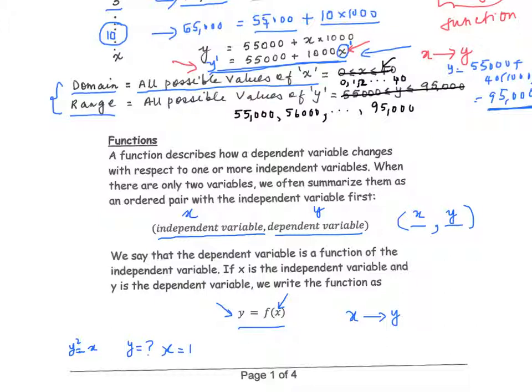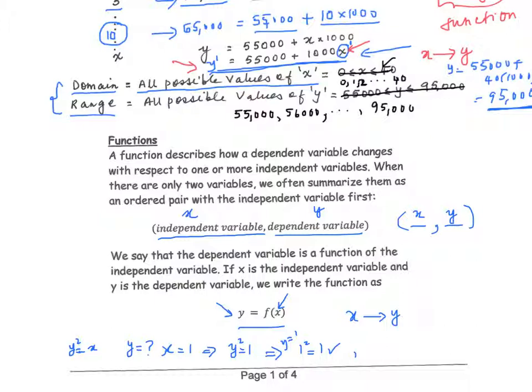So we plug in x equals 1, so we get y squared equals 1. Now we need to figure out y, so I try to plug in different numbers. I know that 1 squared equals 1. So if y is equal to 1, the equation works.